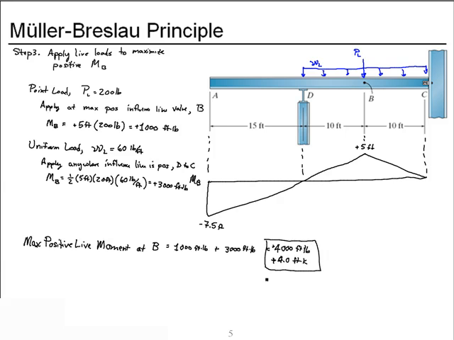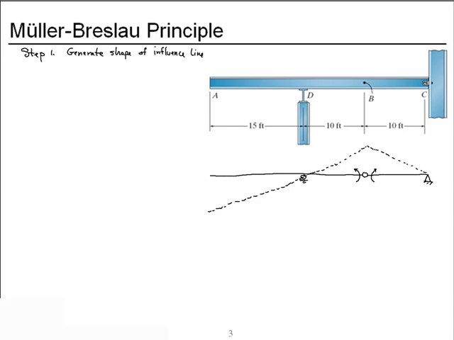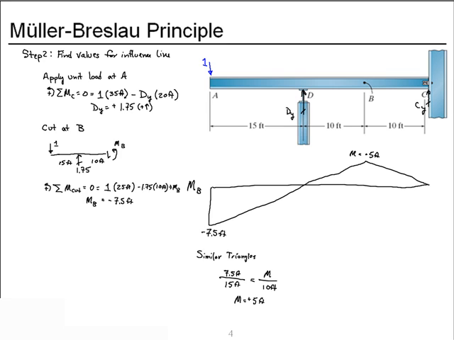Let's go back and review how we got this. Our first step was to use the Muller-Breslau principle to generate the shape of our influence line. If we're looking for an internal moment, we have to release the ability of the structure to carry moment at that point, apply the moment, and draw the deflected shape. That gives us the shape, and we know that it's all proportionately correct, but we still need magnitudes.